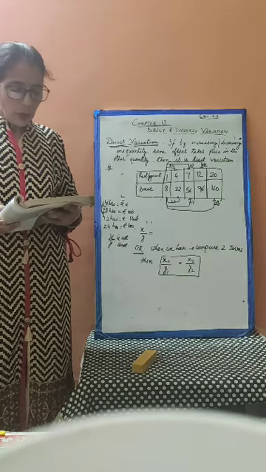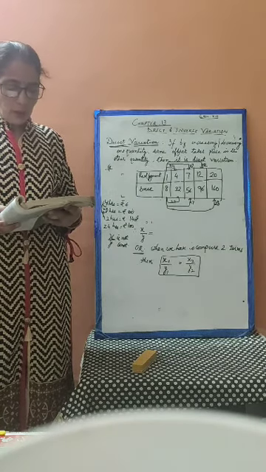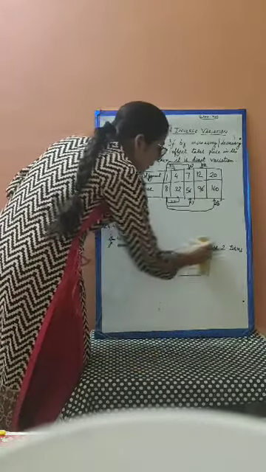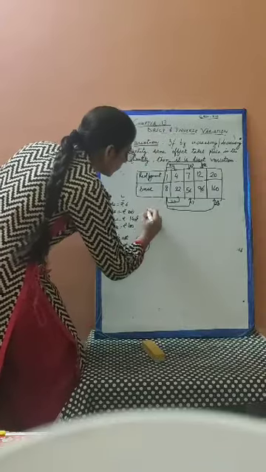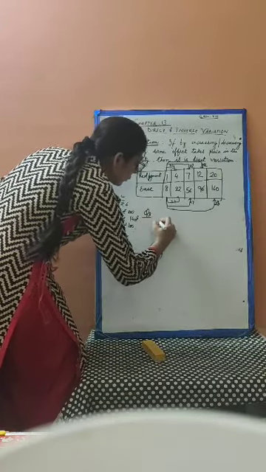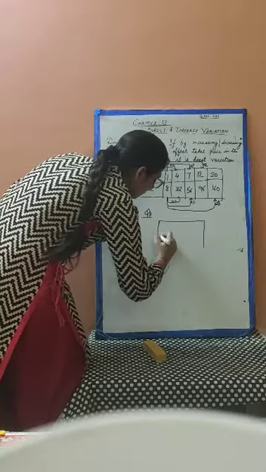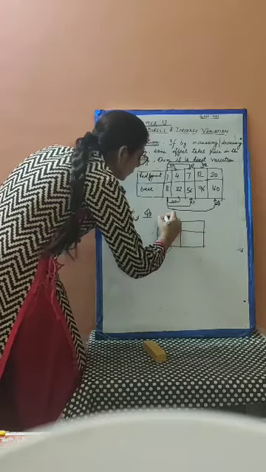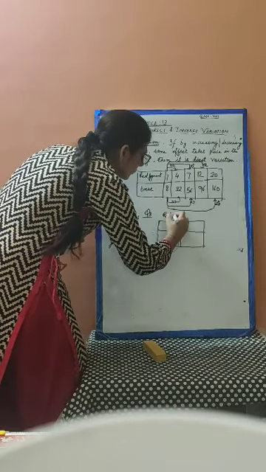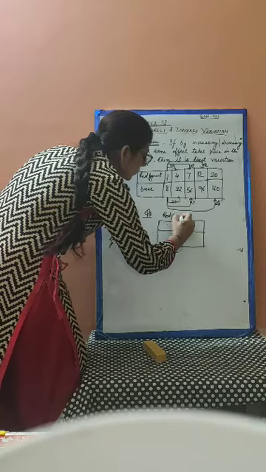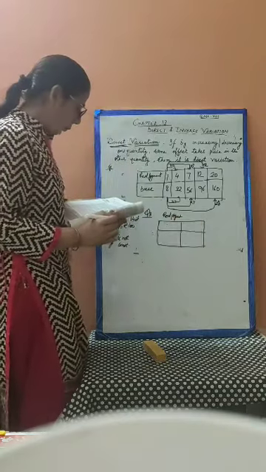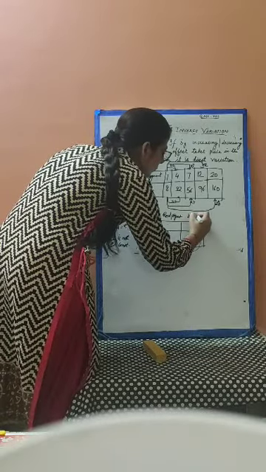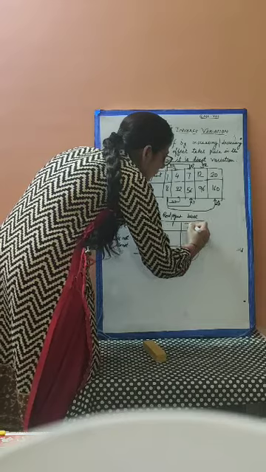Now, in the next question, it is given that one part of the red pigment combines with 75 ml of base.